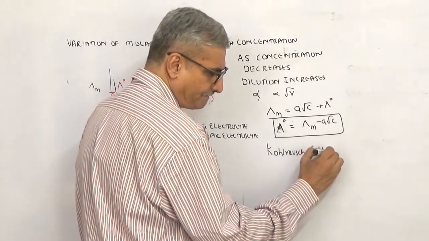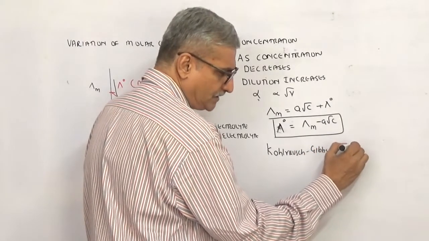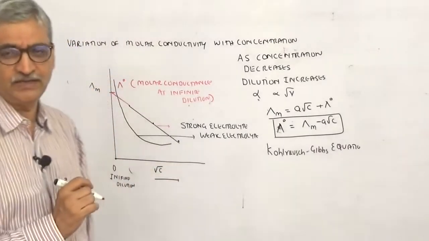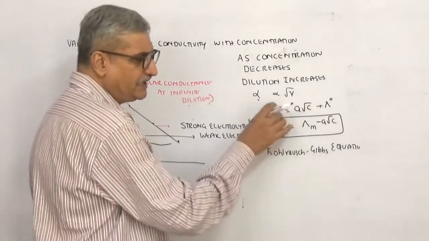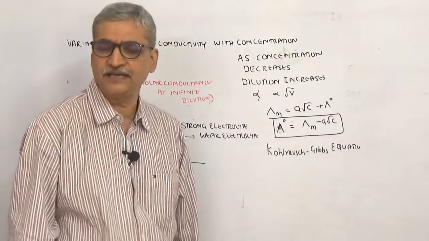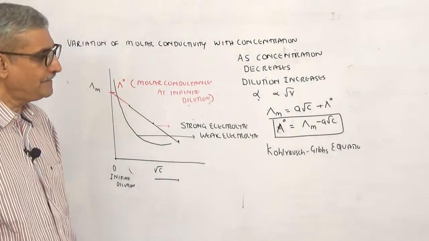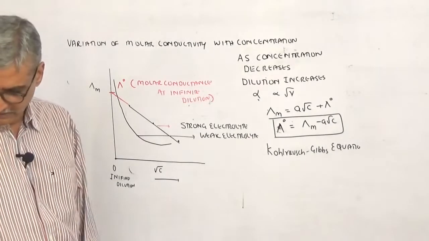Understand, we got this from the plot. Y is equal to mx plus c, and we simply rearranged that. That's why we got minus a root c. Is this point clear? Now this was about conduction, okay?